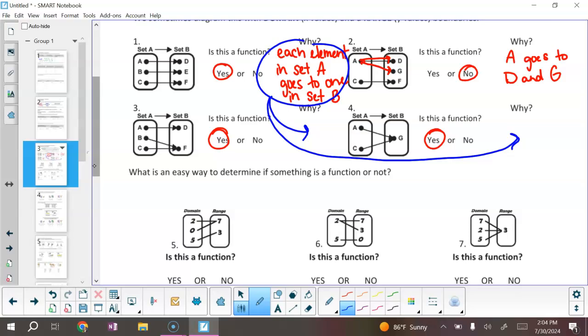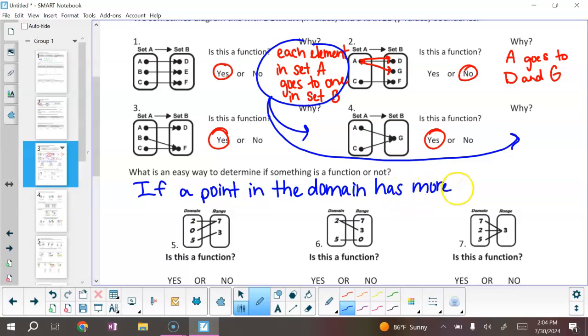If a point or a letter in the domain, so in the first set, has more than one arrow coming off of it, it's going to automatically be a no. So we're going to say if a point in the domain has more than one arrow, then it is not a function.